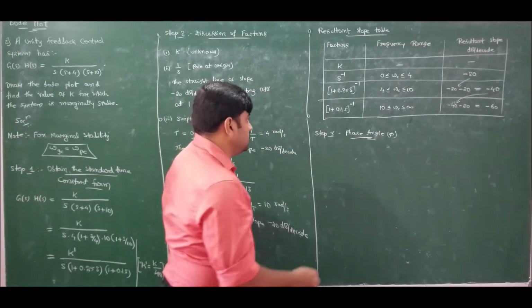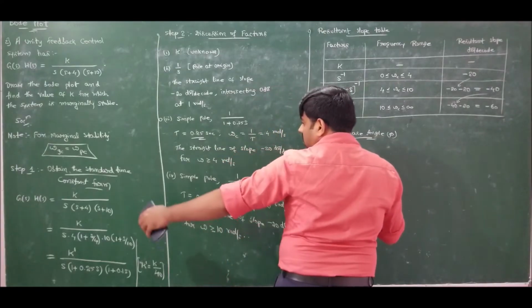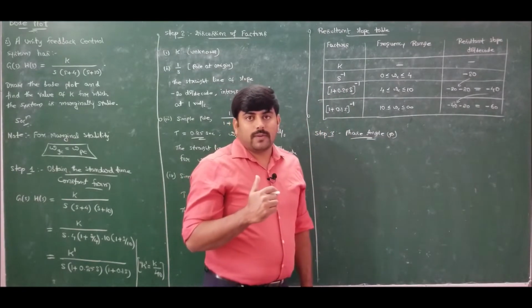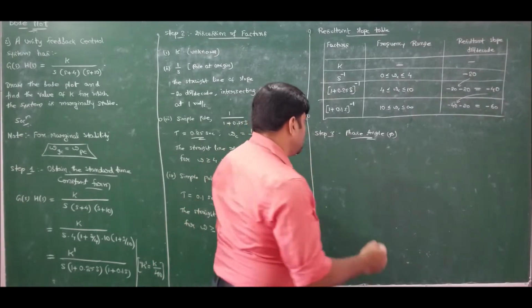Now let us find what is the phase angle by using the standard time constant form. Replace s by j omega in the standard time constant form of the given function.